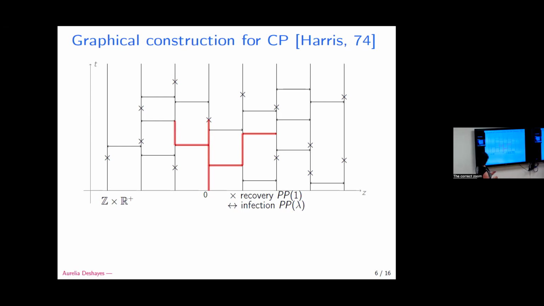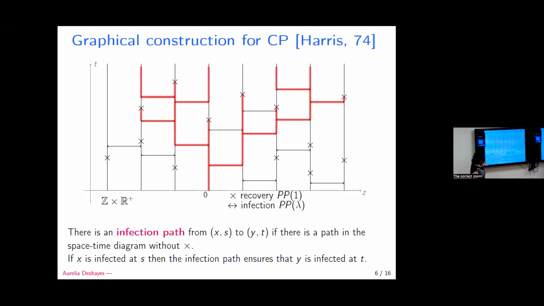So there is an infection path from (x,s) to (y,t) if there is a path in this space-time diagram. And if x is infected at some time and there is this infection path, then y is infected at time t. For people who know the contact process, it is okay.